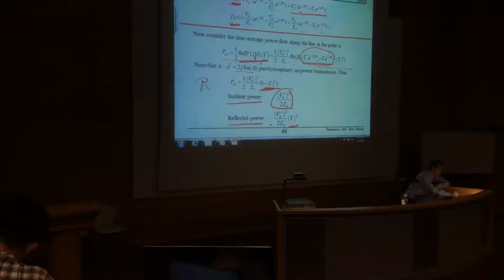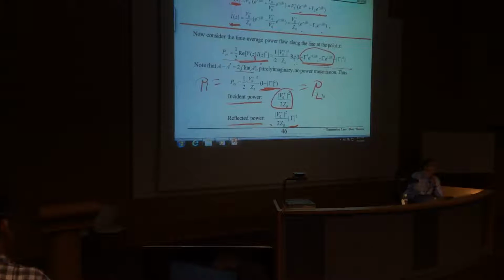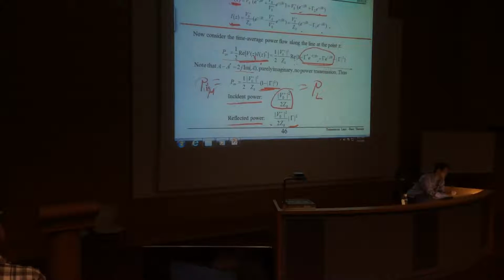Actually, this is PI, or input power. Input power is equal to the power at the load. PI is input, not incident. This is incident. Sometimes we use incident. Incident minus reflected is input.